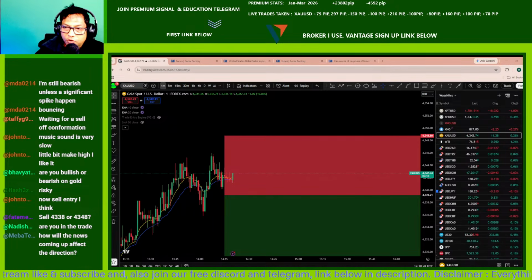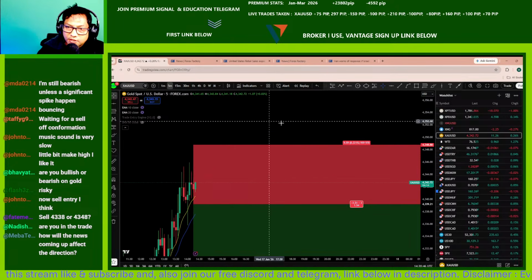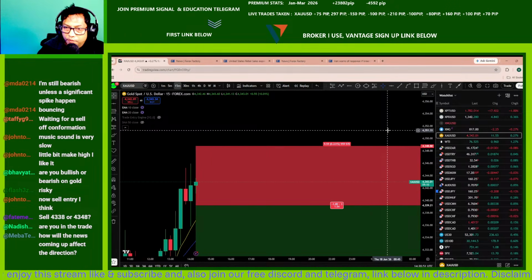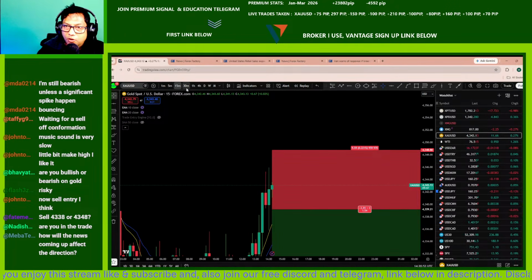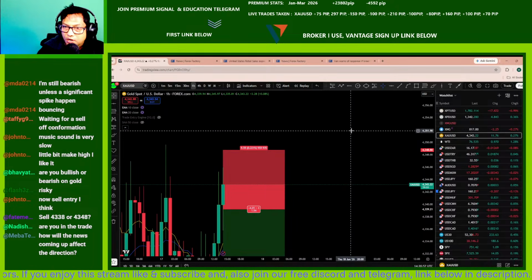So the market here is creating quite a few long wick candlesticks, and that could be a sign of weakening of this trend or continuation, depending on how the market is doing now.